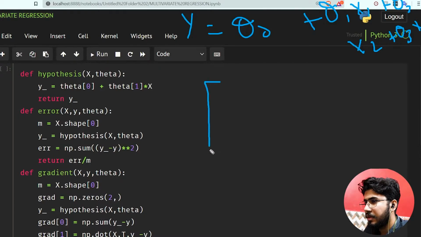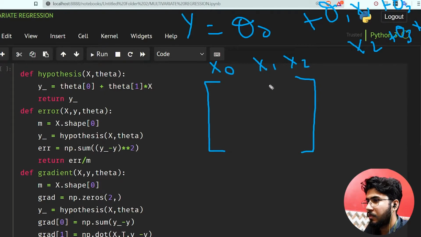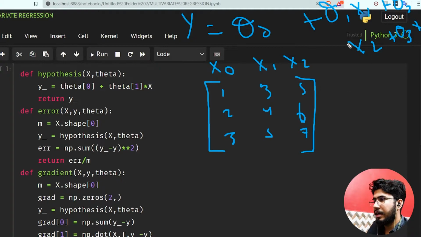Let's take x like this, and for our theta, as we have three attributes or three inputs, we are going to have 3 thetas like this and 1 theta like this.